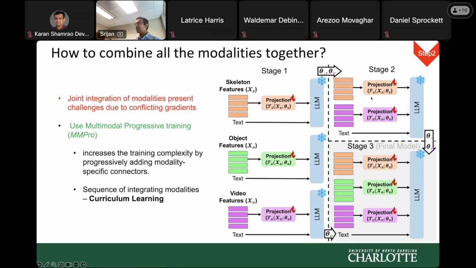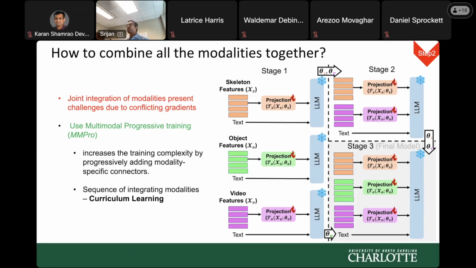The good thing here is that if you have n modalities, you go on doing this in n stages. And in each stage, you go on integrating a modality. So it can be generalized to n number of modalities. And it is a good way of combining so many modalities together by increasing the complexity of the task slowly.